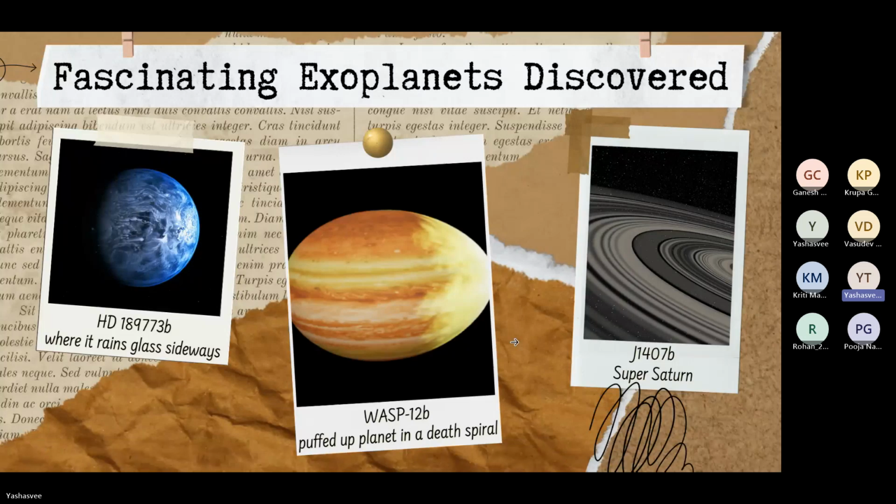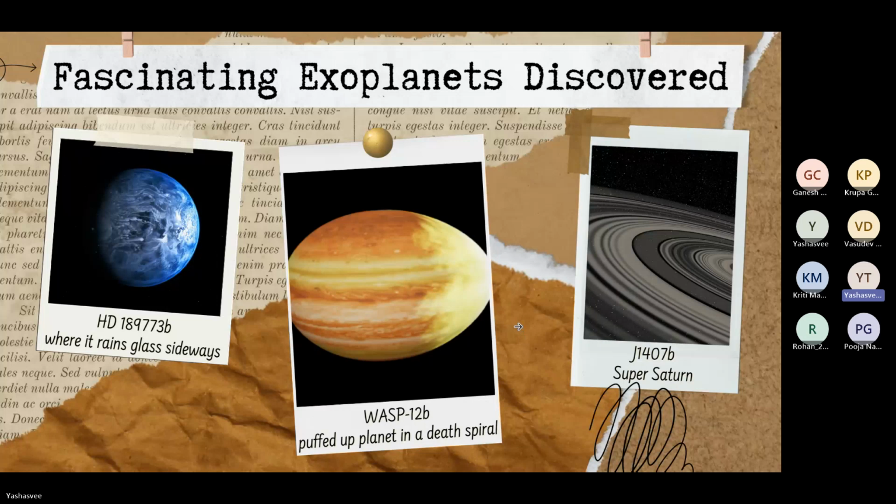Now, why is it a puffed up planet? Because of its proximity to its star, which leads to it being puffed up, and because of its proximity to the star it leads to strong tidal forces, which lead to the planet's orbital decay, leading it to a death spiral. Now that became a bit scary.